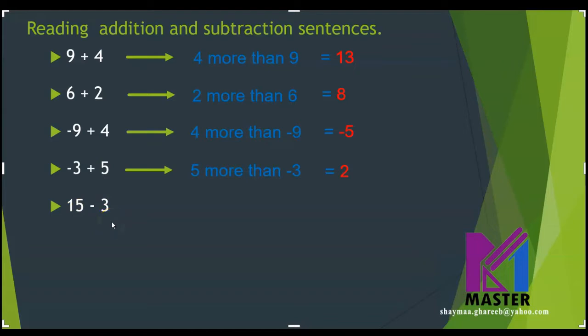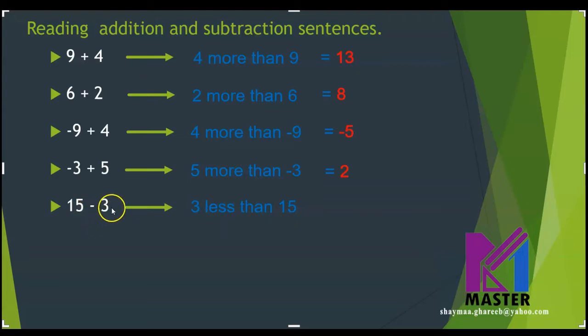15 minus 3. Now I have a subtraction sentence. So how do I read a subtraction sentence? I will say 3 less than 15. So I will use the words less than when I have a subtraction sentence.